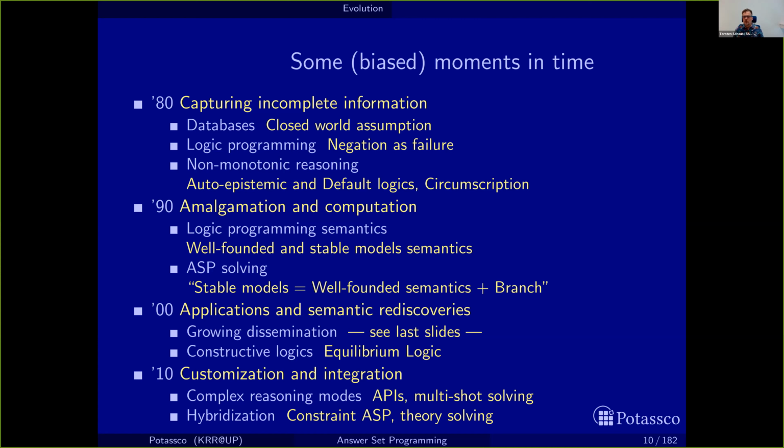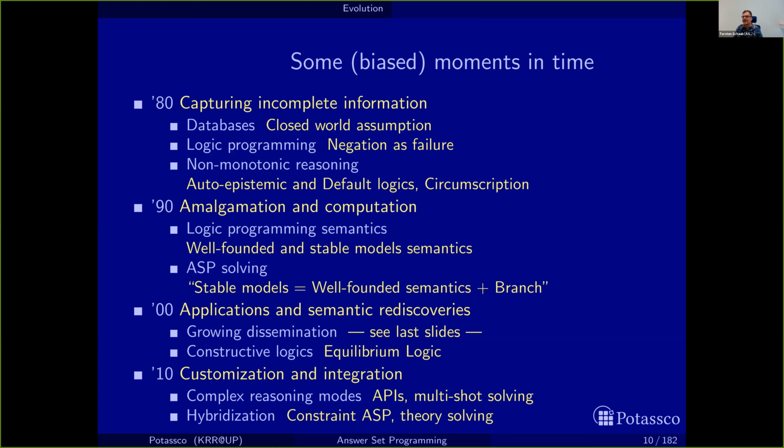You want to do more sophisticated solving, like multi-shot solving, where you do incremental stuff. Then you realize that ASP will not solve all problems of the world, so you have to call in some friends, right? And so you want to have an ASP solver combined with constraint solving, or with different constraints or whatever, right? So you hybridize.